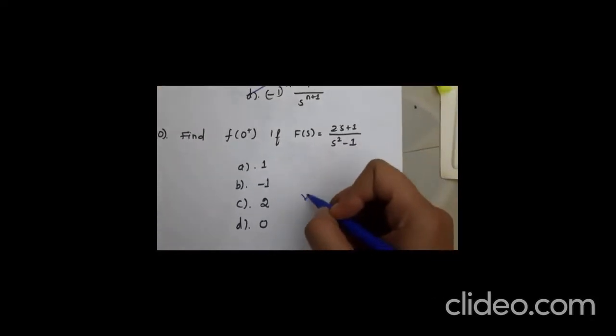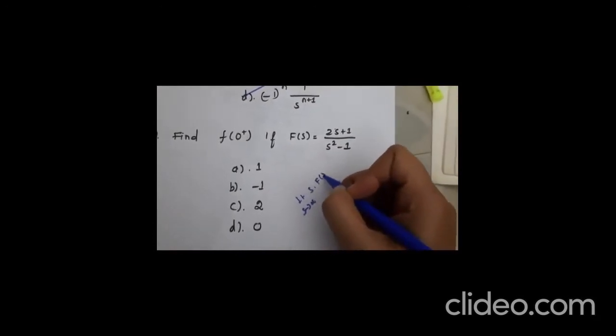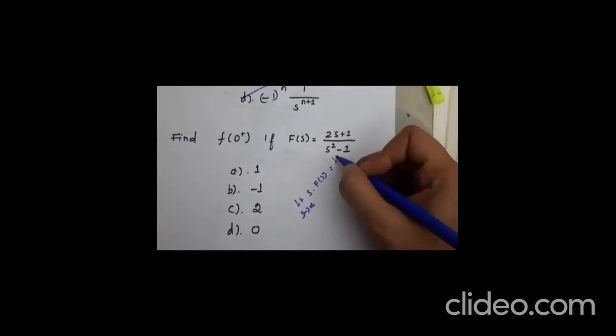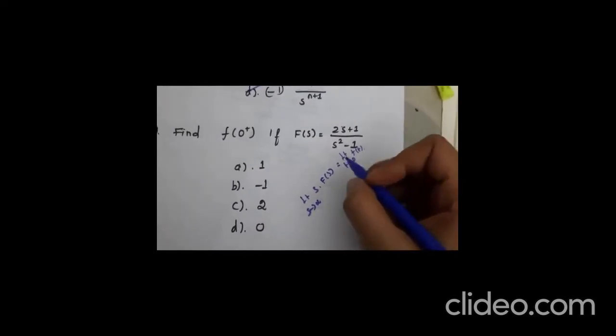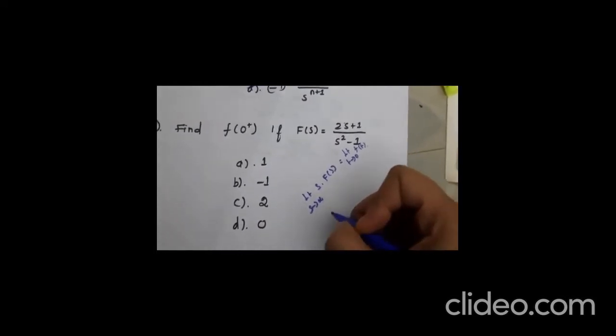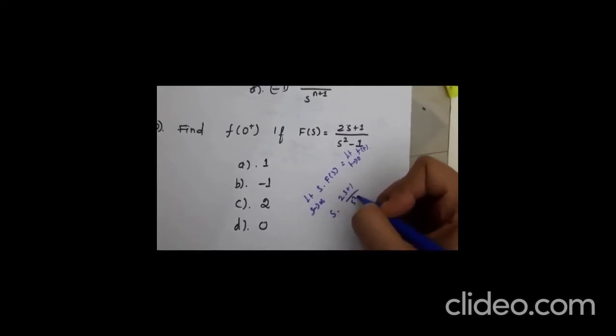The next question is based on the initial value theorem. The concept here is the limit as s tends to infinity of s times F of s equals the limit as t tends to 0 of f of t. So here the F of s value is 2s plus 1 divided by s square minus 1, so put that value in: s into 2s plus 1 divided by s square minus 1.